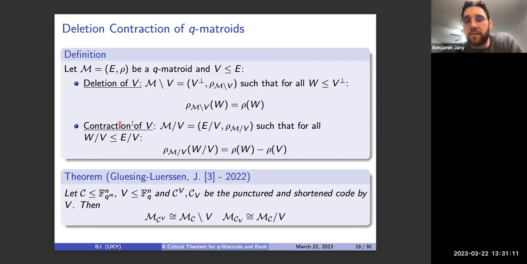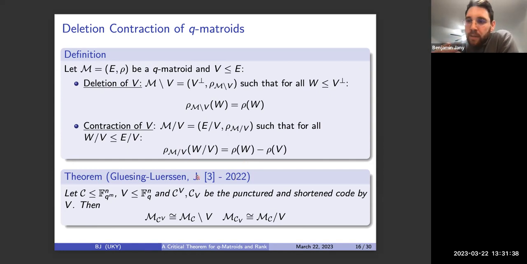Now the contraction of V: M contracted by V has for ground space the quotient space E mod V. And for any subspace of this ground space, its rank is given by the following formula, which is kind of similar to the contraction of matroids that we looked at before.